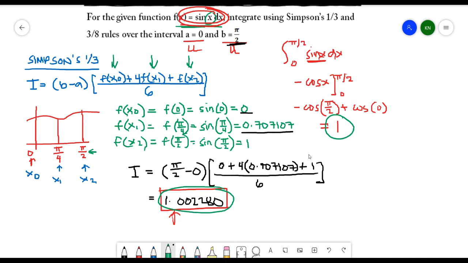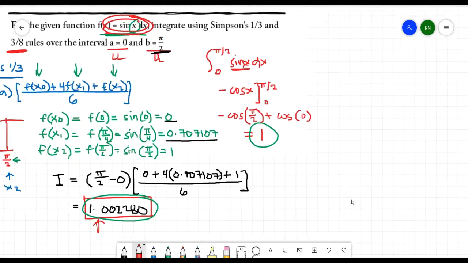Now we also need to solve for the Simpson's 3 over 8 rule. So let's try to solve this one in here.